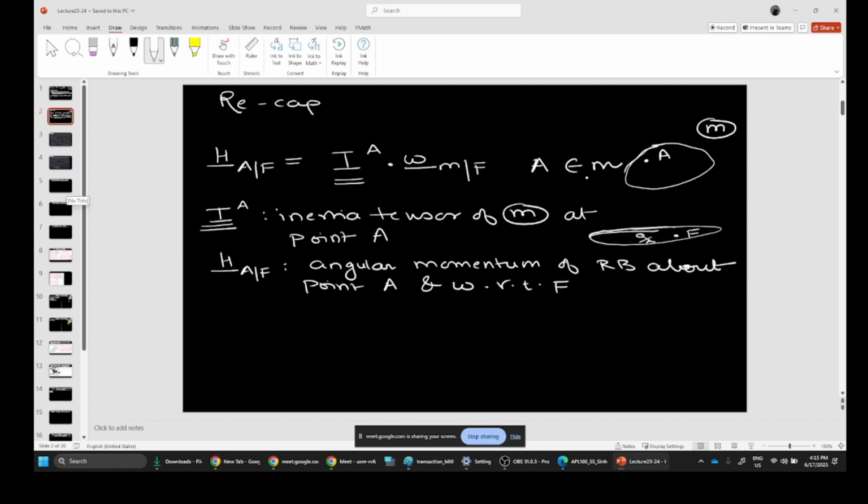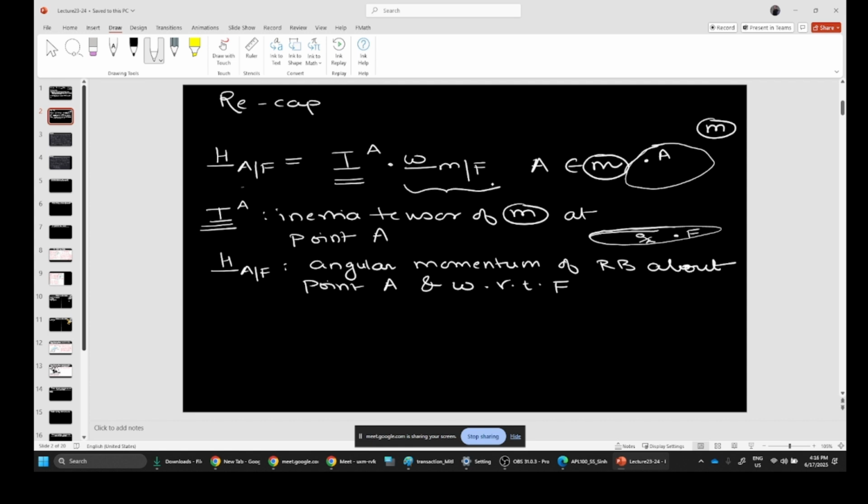Now this point A is fixed to the rigid body, and only when A is fixed to the rigid body you can write a relationship like this, that the angular momentum of the body equals a dot product.